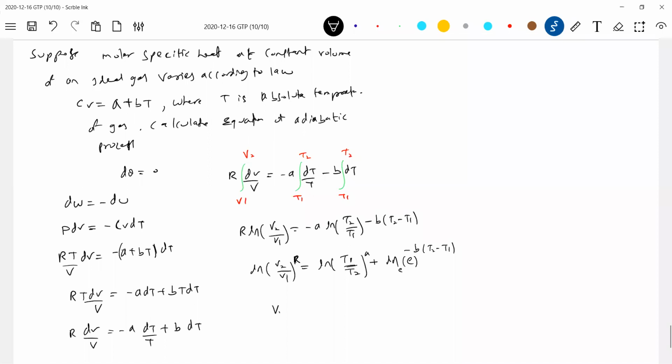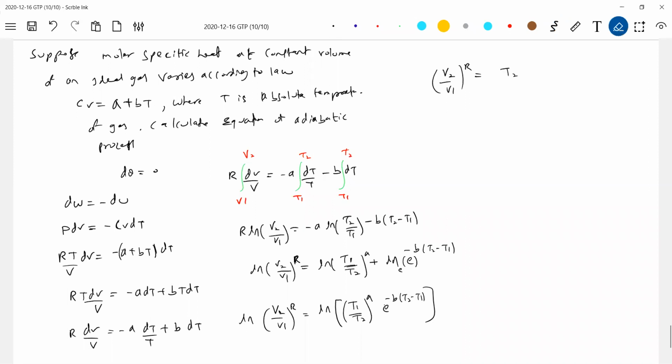Log of A plus log of B equals log of AB. Eliminating log on both sides, V2 by V1 to the power of R is equal to T1 by T2 to the power of A.